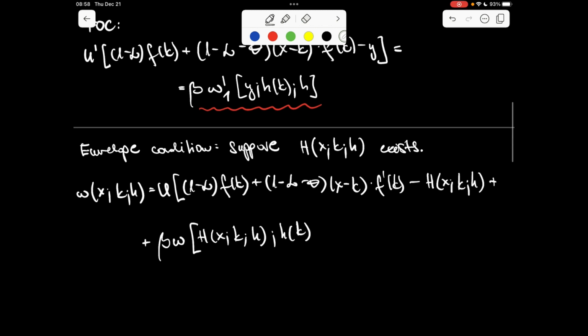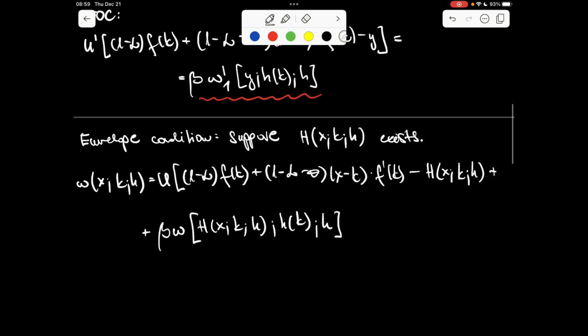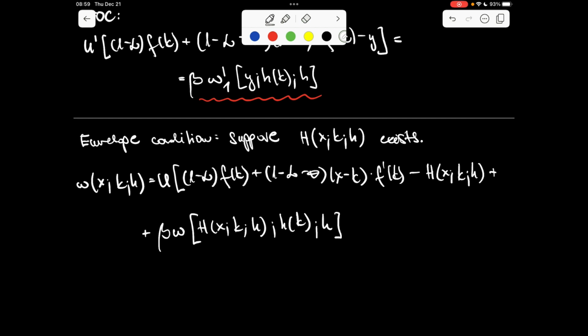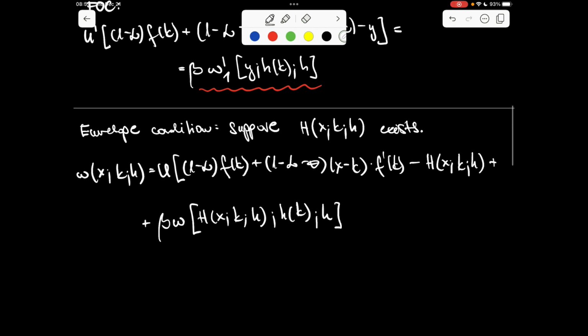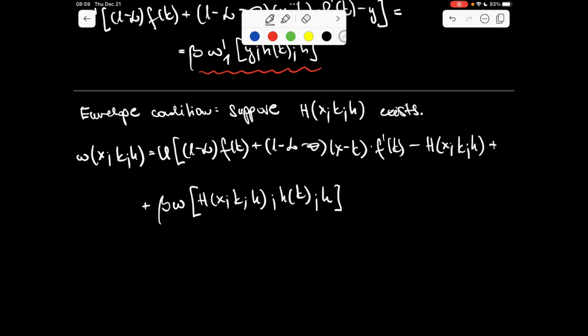It describes the individual's capital stock next period, while capital stock of any other agent follows the optimum policy function of the economy. So from this optimized Bellman equation, we can get to the envelope condition by differentiating the value function with respect to the first variable, which is the state of the individual.